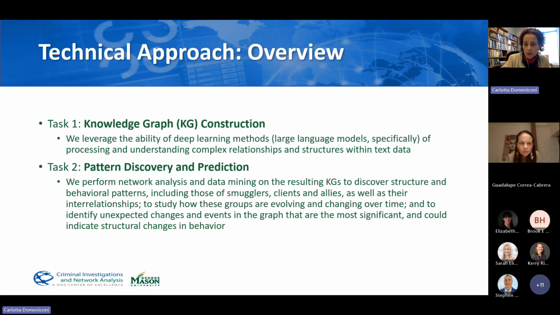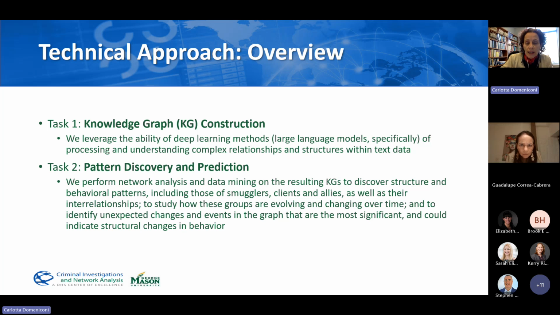So we have two major tasks to tackle throughout our research. The first one will be the construction of the knowledge graphs representing our criminal networks. And the second task will be mining such graphs and networks to discover patterns.